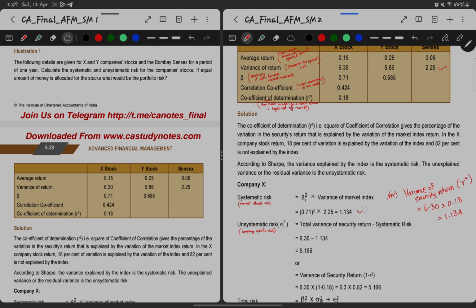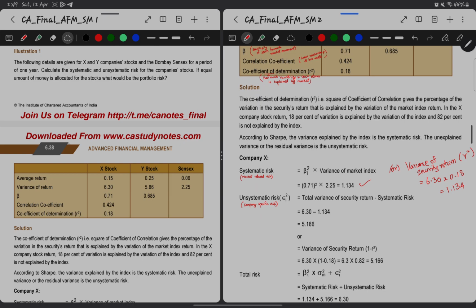So that will also give us the same thing. Since coefficient of determination is given only for X stock, they might have taken this approach. But if coefficient of determination is given, then we can use that approach because it is easier and simpler. Now, the total risk minus the systematic risk will give us unsystematic risk.